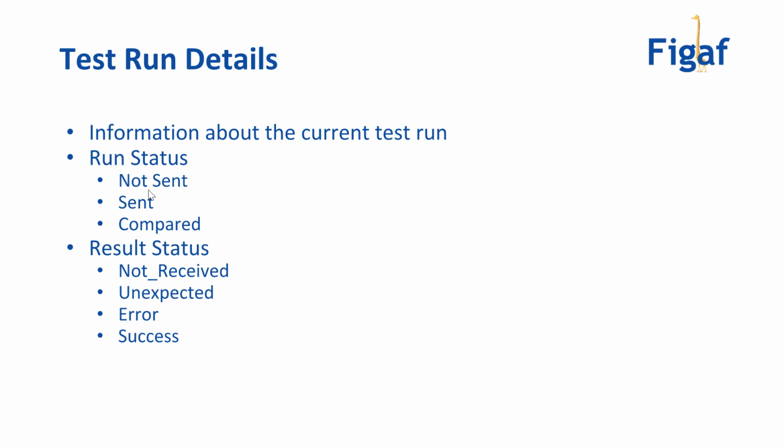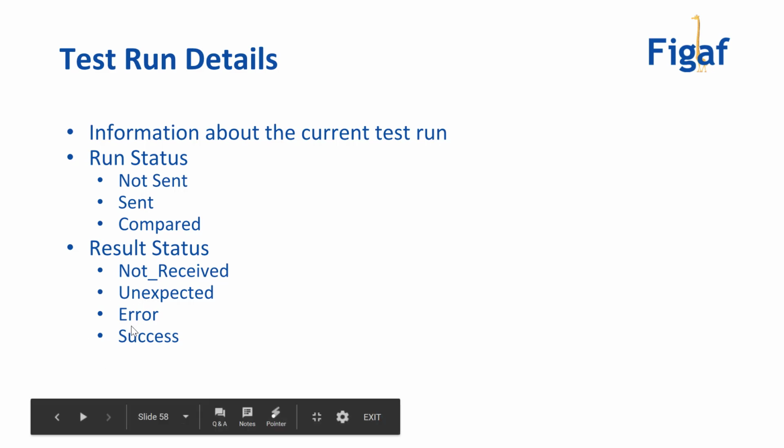So in the beginning, it'll just have not sent, it'll be sent, and then compared. And then we got some results that we could expect to see, like not received, so we didn't get this message that we expected. An unexpected message is if our mapping is incorrect, or we received some message that we did not expect in this scenario, and then error and success.